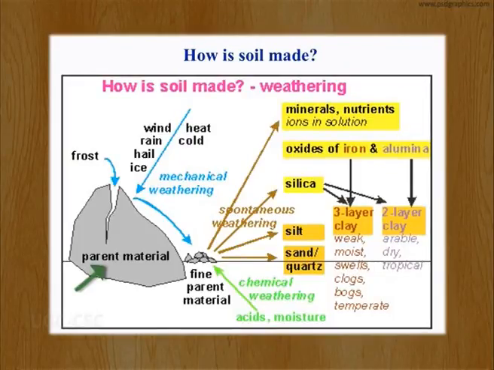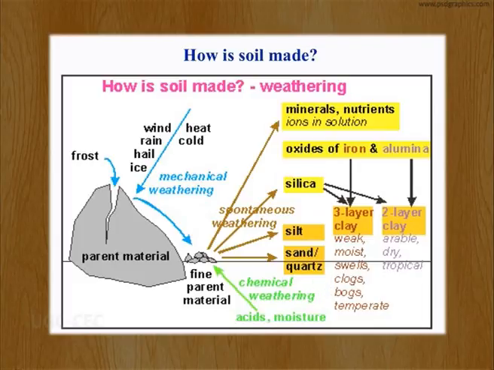So in a nutshell, suppose this is a parent material, the rock. In the presence of wind, rain, hail, ice, heat or cold, which are the physical factors, it is producing fine parent material. Now this fine parent material, in the presence of chemical weathering agents such as acid and moisture, is producing minerals, or oxides of iron, silica, silt, sand or quartz.